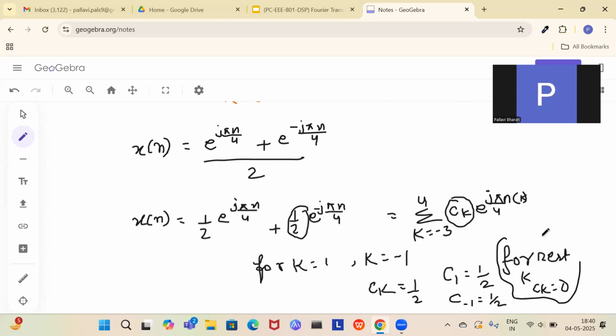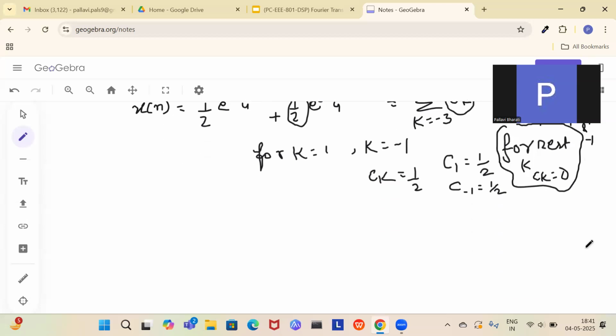Rest k here means in between k equal to -3 to 4 only, except k equal to 1 and -1. Got it? So the spectral coefficients will be c_k equal to half for k equal to -1 and +1. So let's do one more question on this.